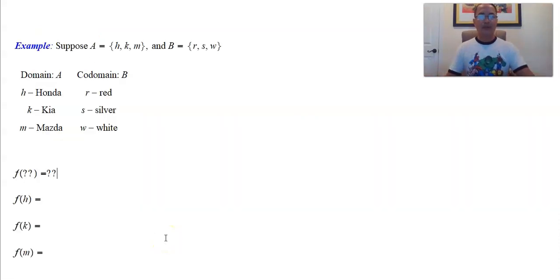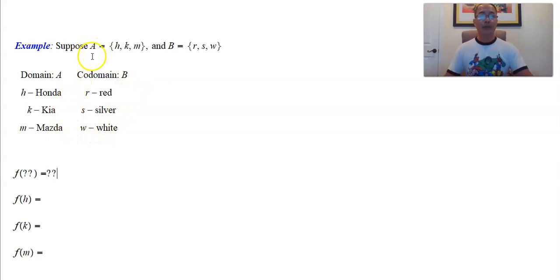So what I want to do here has absolutely nothing to do with mathematics, or does it? Suppose we have two sets. Our domain will be capital A, which will consist of the letters H, K, and M. And our codomain will be capital B, which will consist of the letters R, S, and W. What do those letters mean?